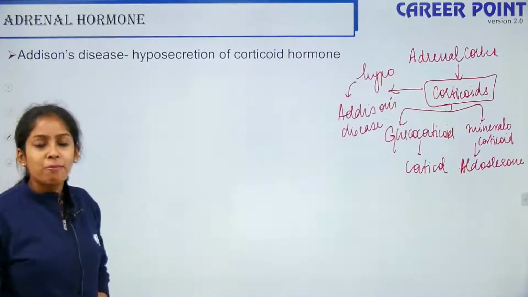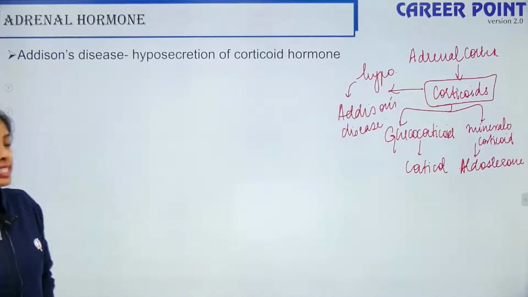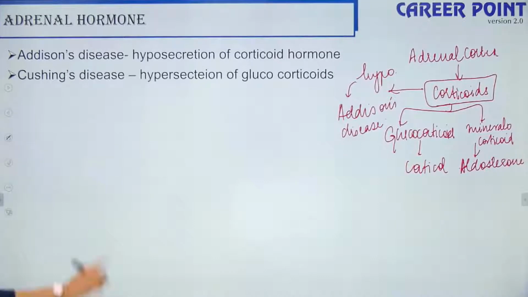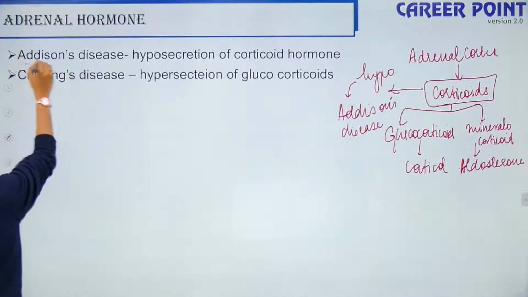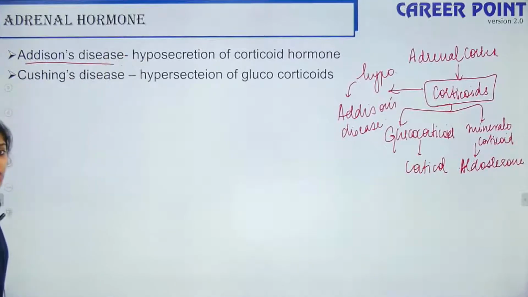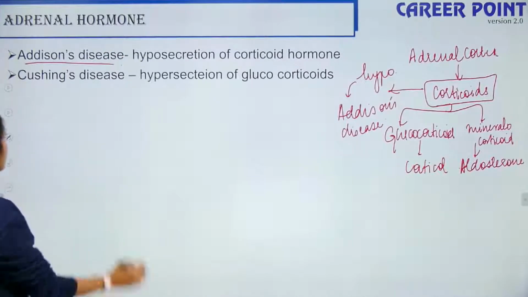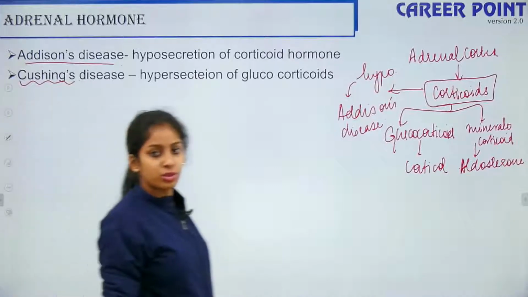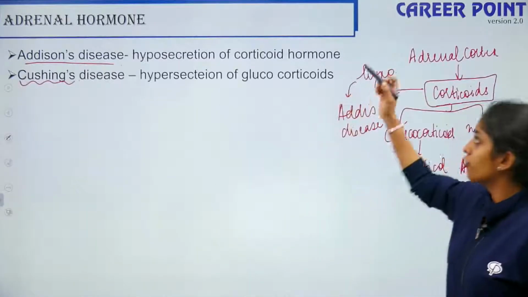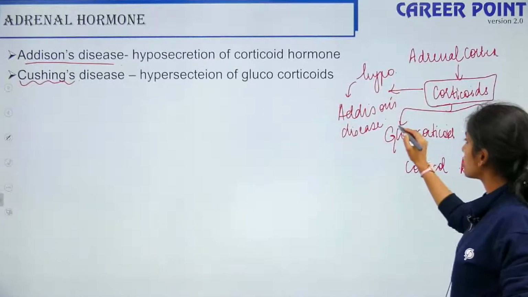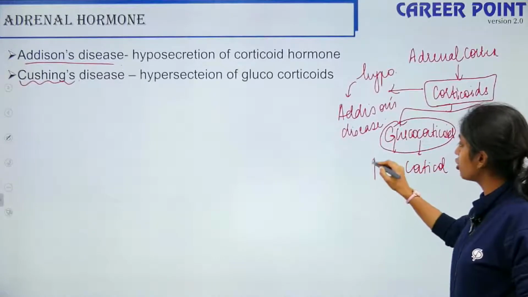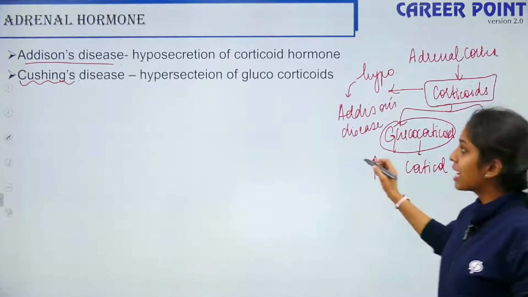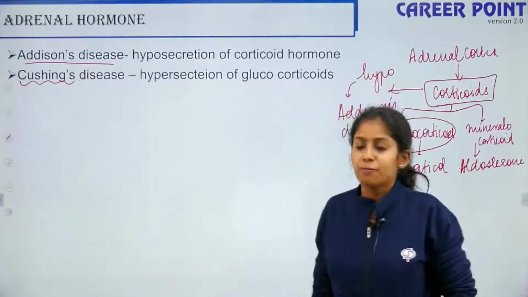Okay. So hyposecretion of your corticoids leads to Addison's disease. The next one is Cushing's disease. Cushing's disease is due to the hypersecretion of your glucocorticoids. When you have more secretion of glucocorticoid, that leads to Cushing's disease.